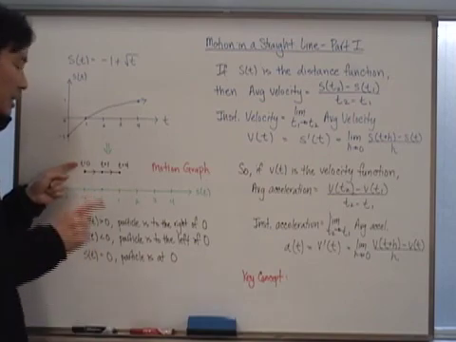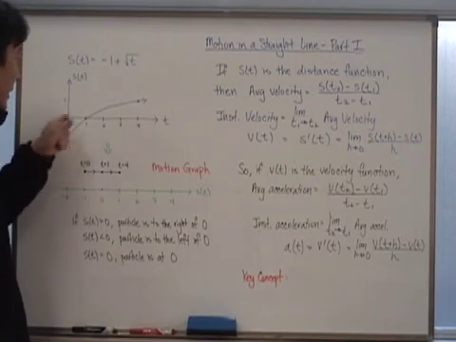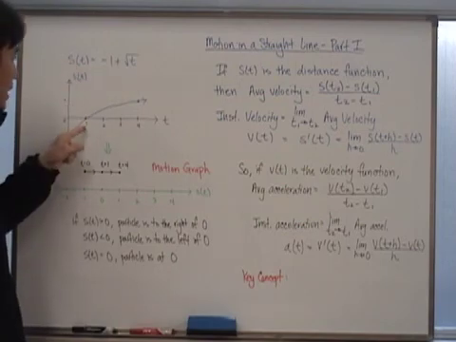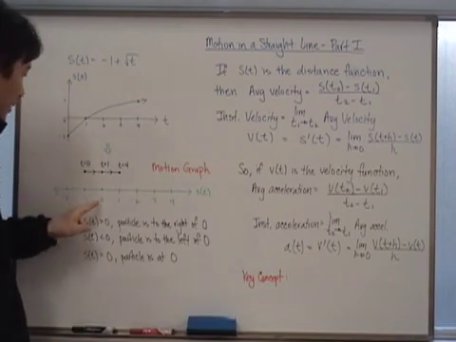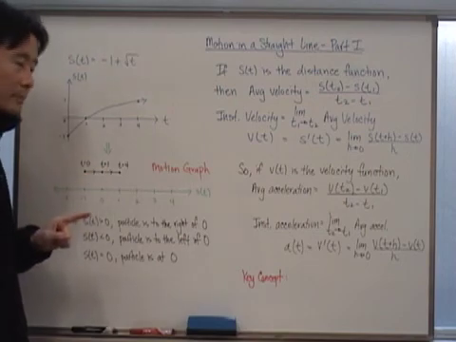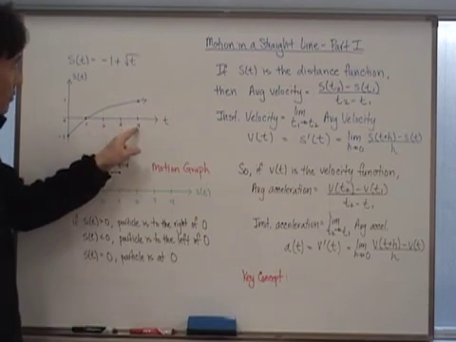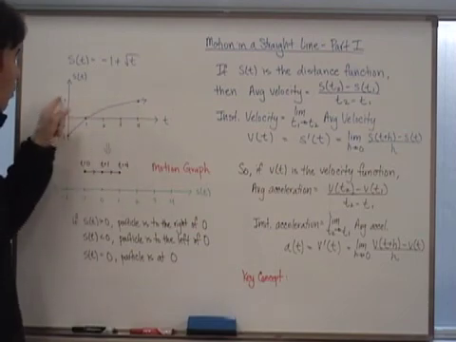Next, when t is equal to 1, s of t, or the position, is at 0. So if the position is 0, the time that it is there is when t is equal to 1. After that, when t is equal to 4, the position is now 1.